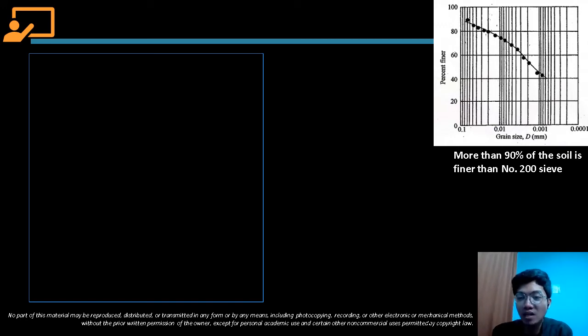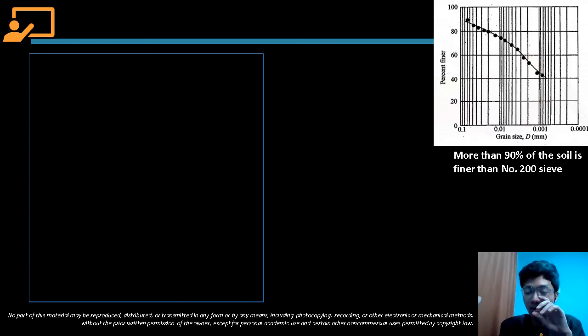So class, kung magsi-sieve analysis tayo, and yung mapupunta dun sa pan or yung magpapass through sa number 200 sieve is more than 90% nung soil sample natin, class, doon natin gagawin na nakaseparate yung graph natin for our hydrometer analysis.